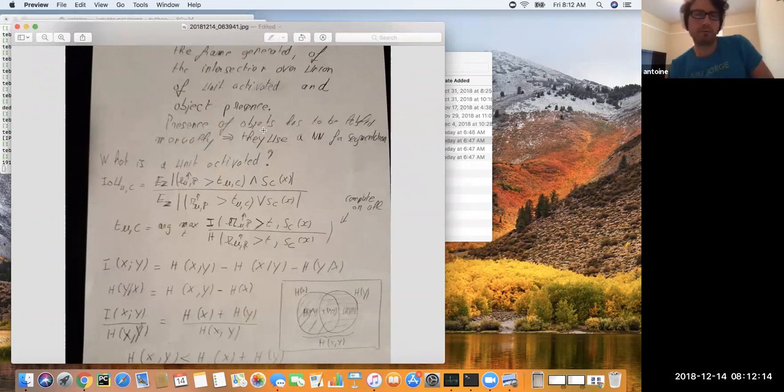Typically, it's the ratio of the mutual information between these two variables, which are the binary mask in the output image and the binary mask of the activation of the unit. So the ratio is the mutual information divided by the joint entropy.